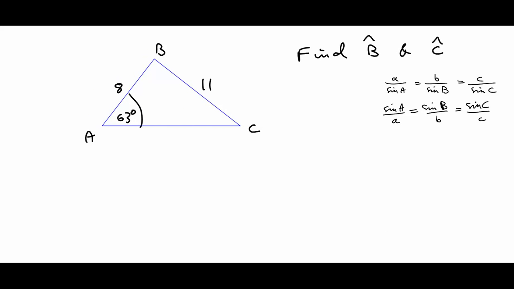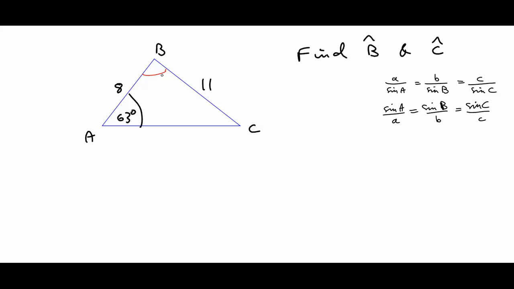Suppose instead we have a triangle where we have two sides and an angle which is opposite to one of the sides we know. This is instead of having, if we had this angle here, the angle B, and the two sides, then we wouldn't be able to use the sine rule.